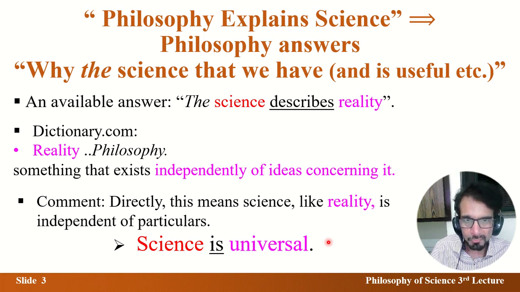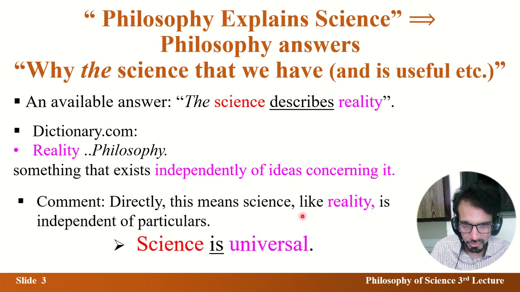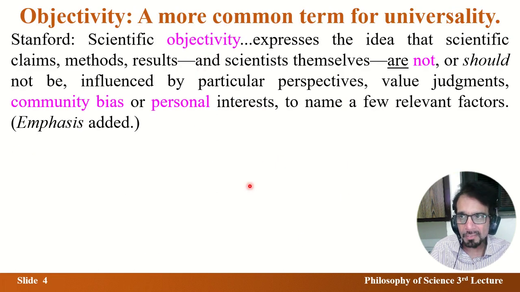So when we say universal, what do we want to say? If that's the question, then to get the answer, you see the definition of scientific objectivity. Previously I used the word universal, but the more common usage is objectivity.